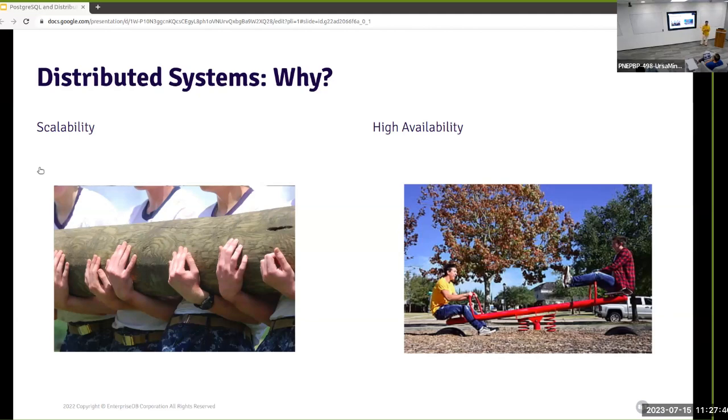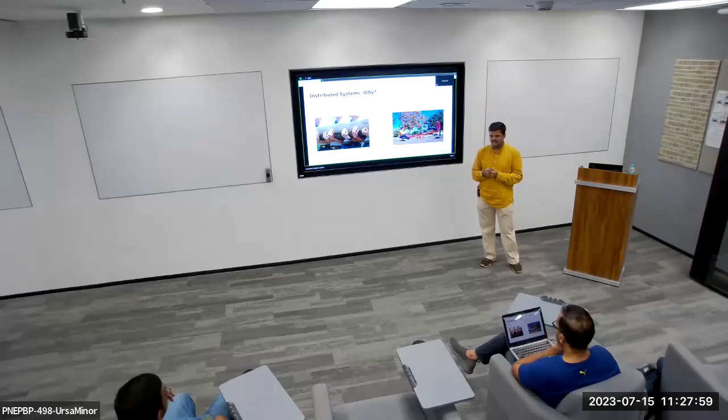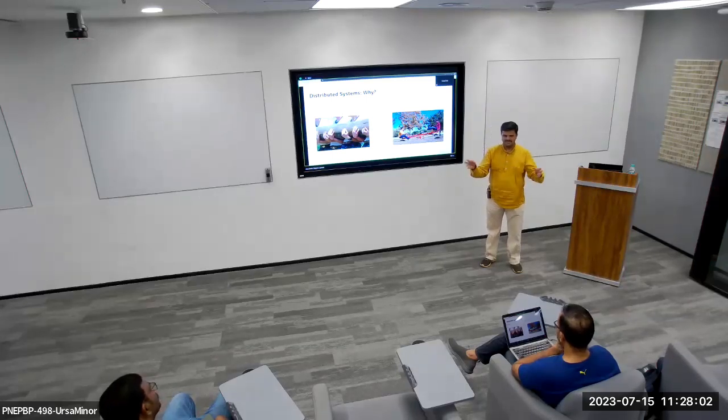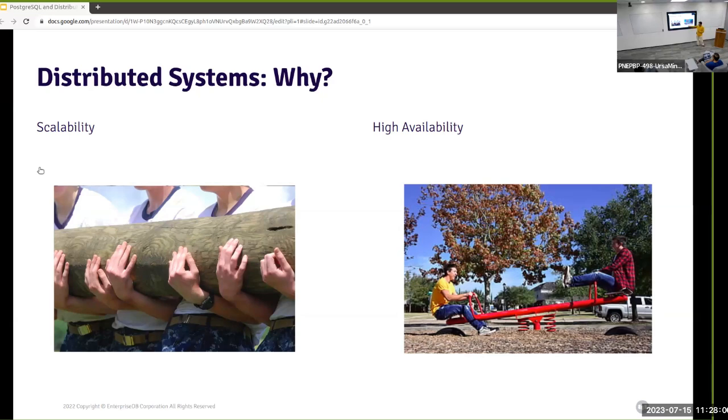We want our systems to perform well, be able to handle high load, be able to handle high data, for example in databases, be able to handle high transactions. If it comes to Amazon, if it comes to Google, be able to handle many clients across the globe. So that's the one thing.